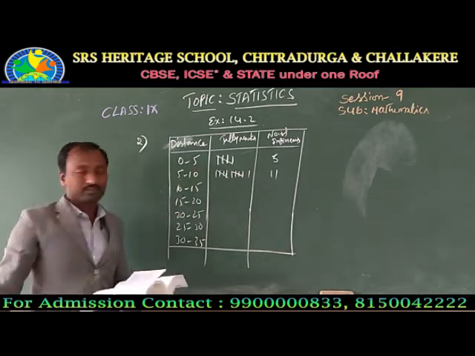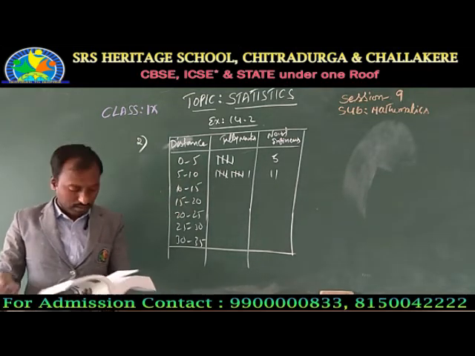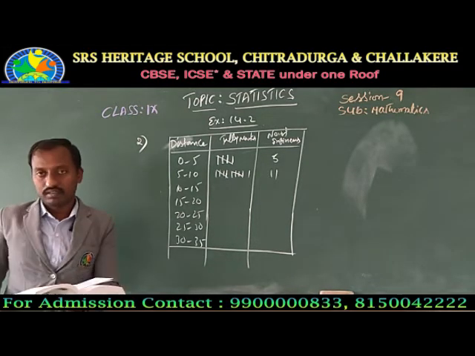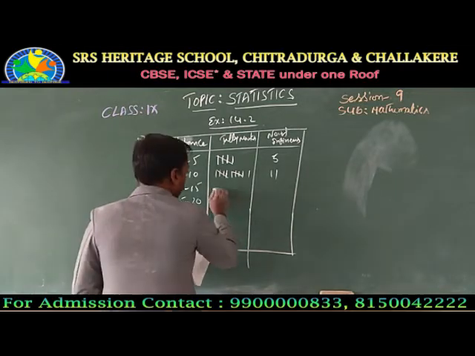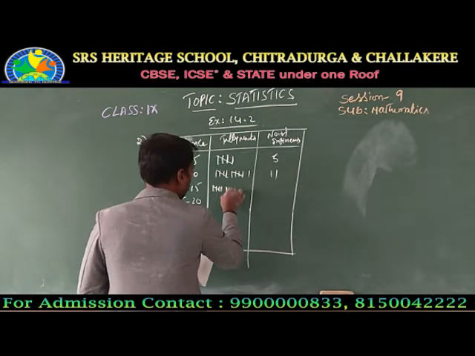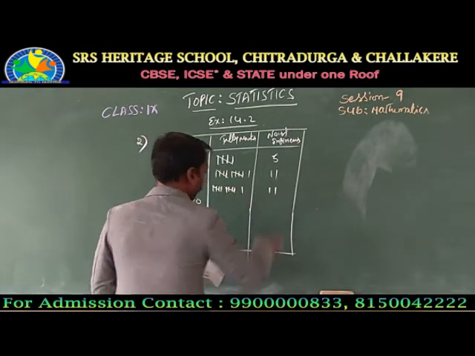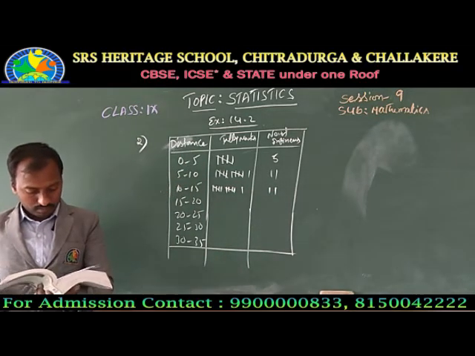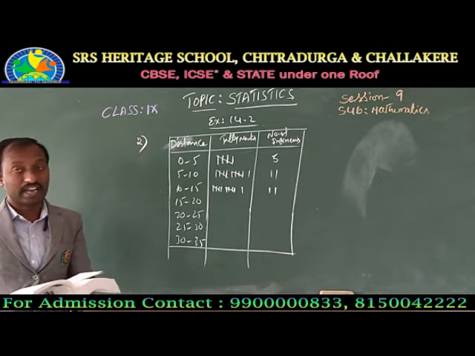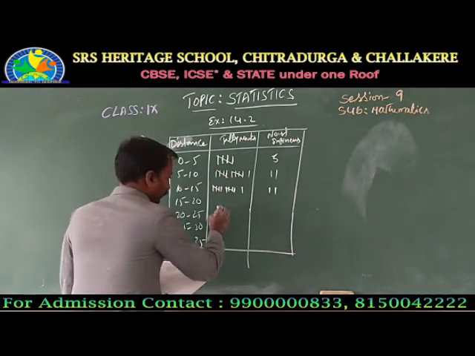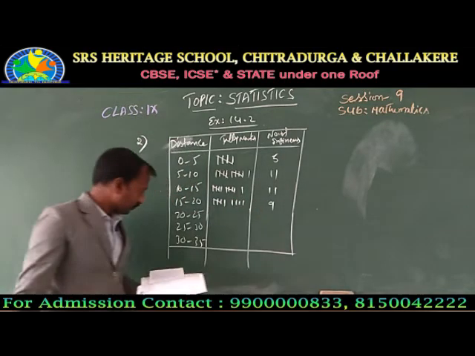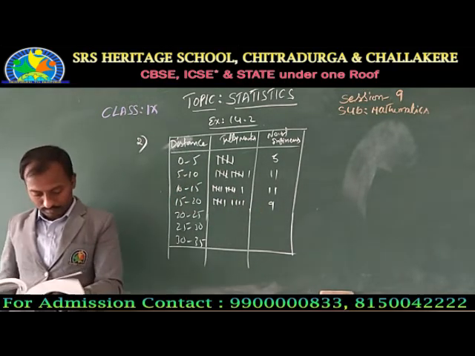Now 10 to 15. 10 to 15 there are. How many are there? There are 11. 11 engineers are there. So tally mark 11. 15 to 20. There are 9. 20 to 25.